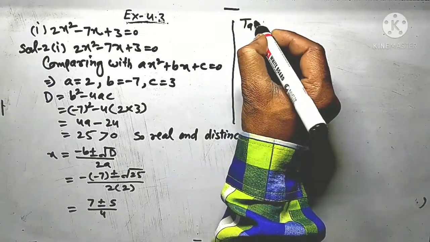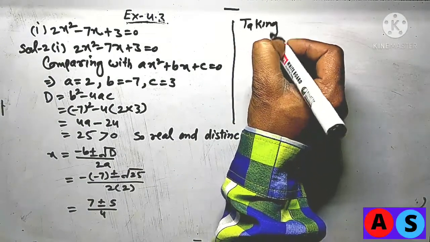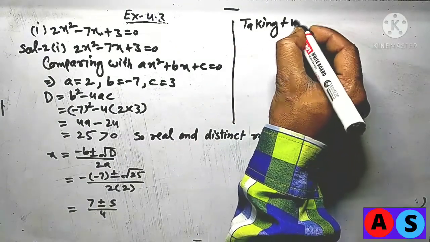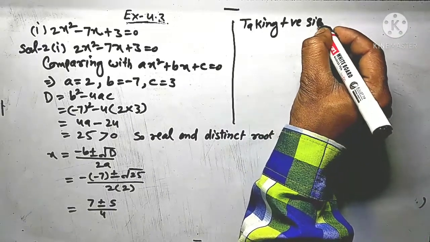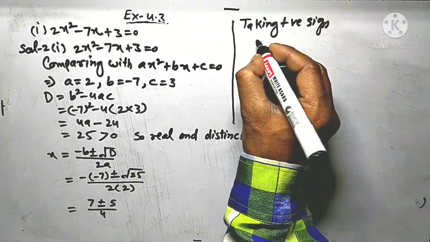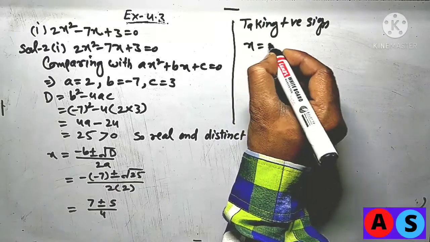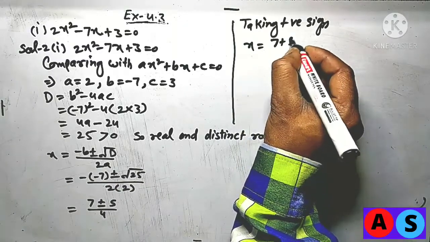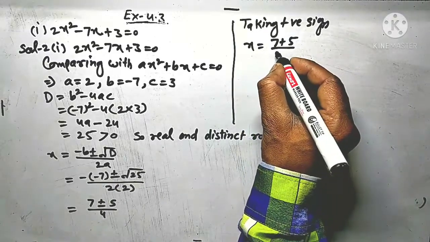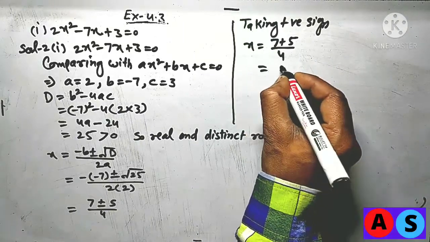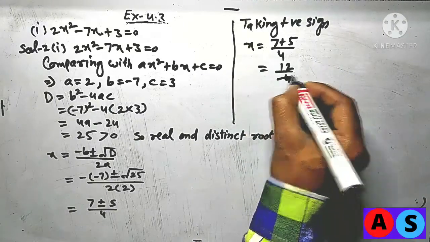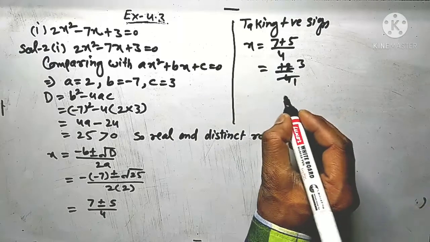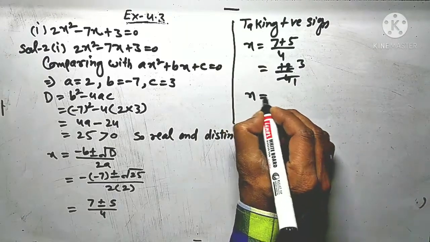Taking positive sign, x is equal to 7 plus 5 over 4 is equal to 12 over 4. 4 1s are 4, 4 3s are 12. x is equal to 3.